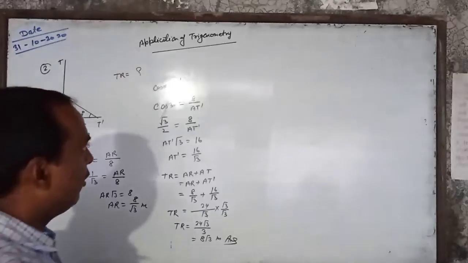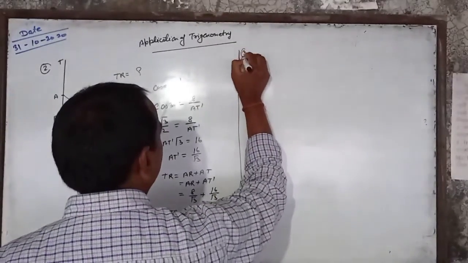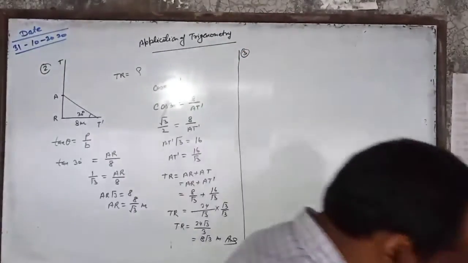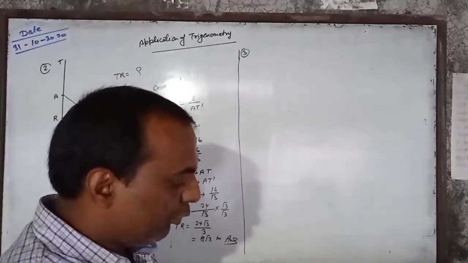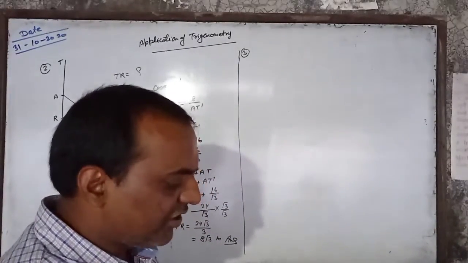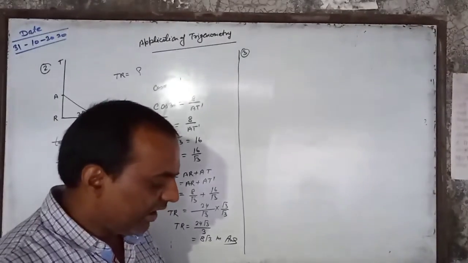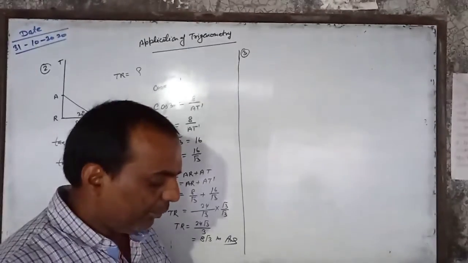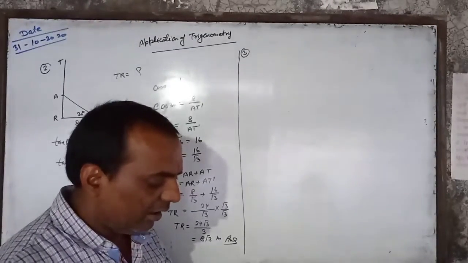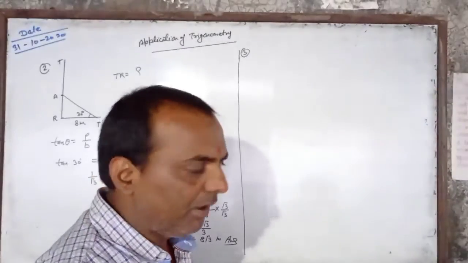Okay. Now see question number 3. In question number 3, a contractor plans to install 2 slides for the children to play in a park. For the children below the age of 5 years, she prefers to have a slide whose top is at the height of 1.5 meter.